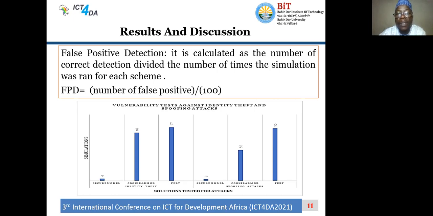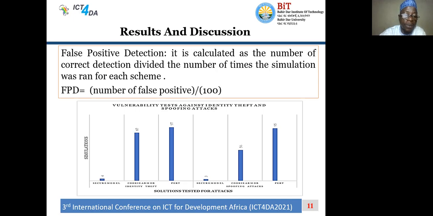We ran 100 simulations. The number of false positive detections obtained for all the 100 runs were summed up together and divided by 100 to get the average. We now deduct this average from 100 to get the average accurate detection that each solution was able to get.